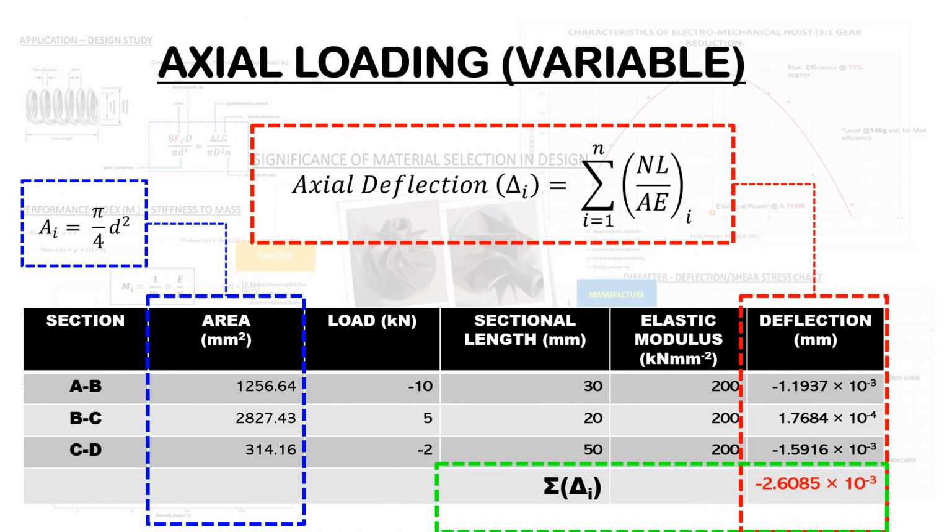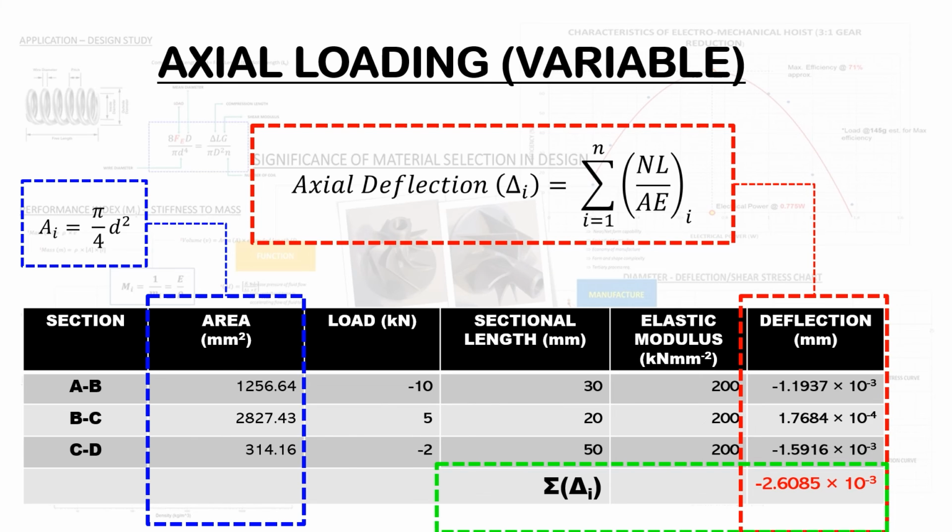The cross section of each component in terms of the area uses area is equal to pi over 4 times d squared, which we've already looked at. We've also noted down the internal forces for each section of the step bar. Section AB is minus 10 kilonewtons, section BC is 5 kilonewtons, and section CD is minus 2.